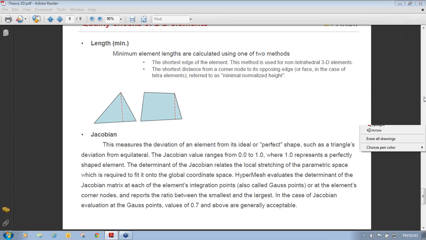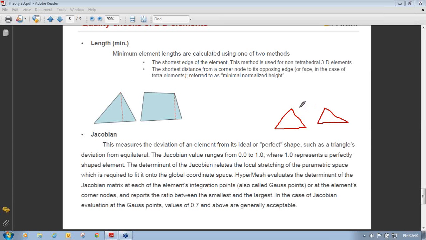So in general, Jacobian can be defined as follows: ideally the shape on the global coordinate system should be like that, and due to the surface deviation or restriction of your element size, the shape of your element comes out something like this. So the transformation from the global coordinate system to local coordinate system is known as Jacobian. Generally, the ideal value of the Jacobian should be 1, that is a perfect shape as in the global coordinate system.